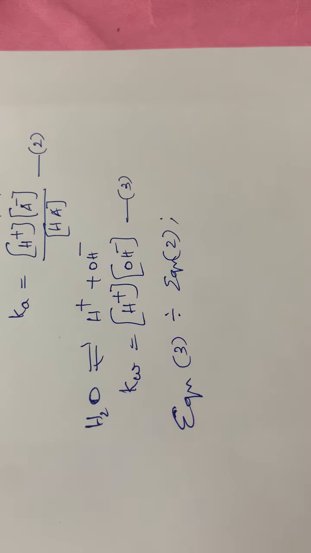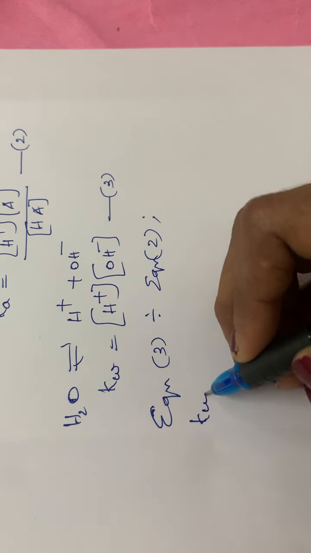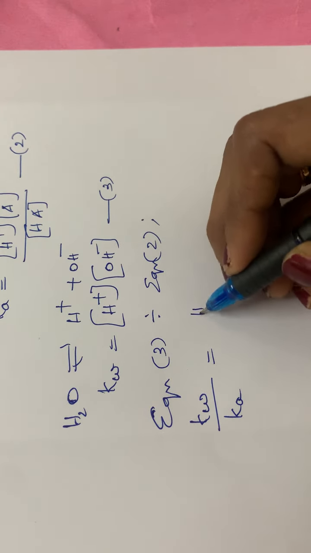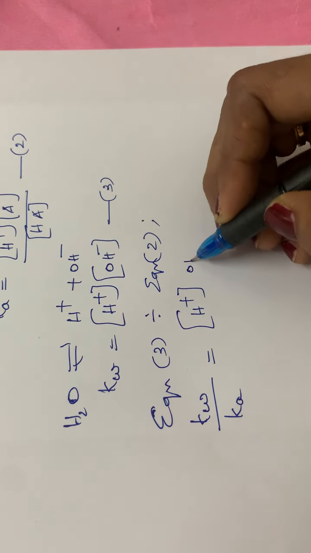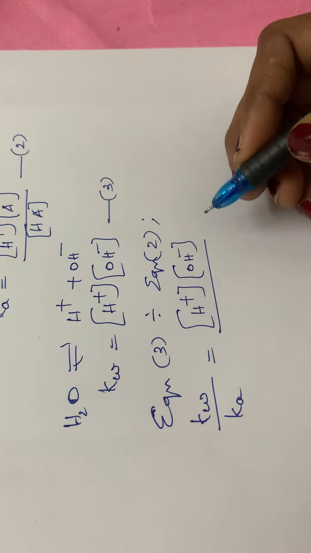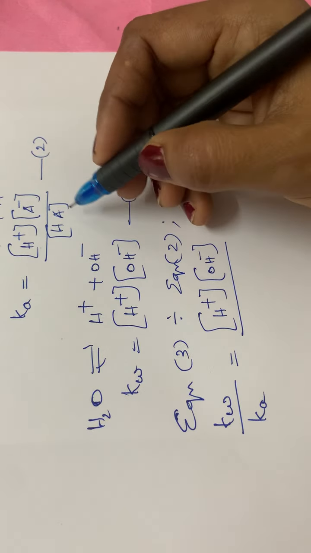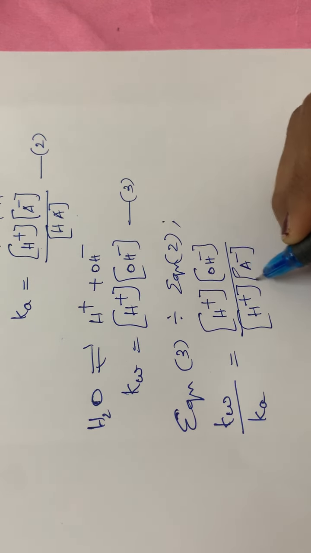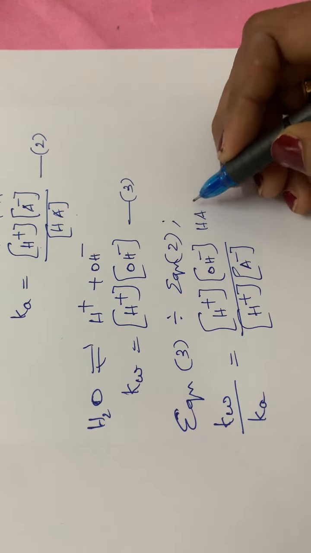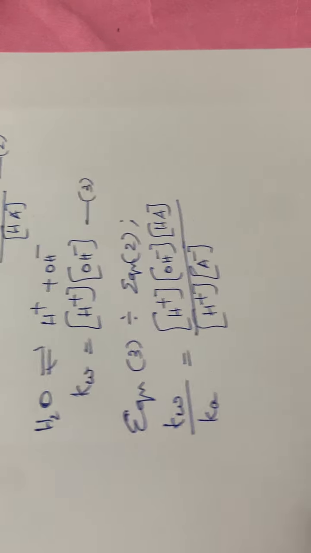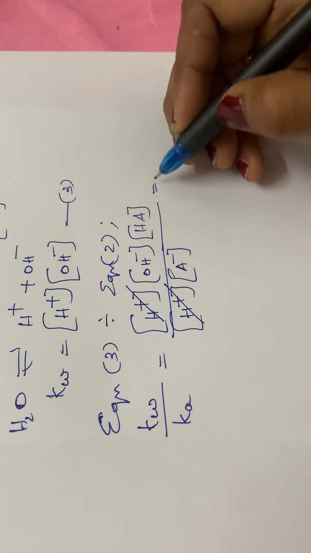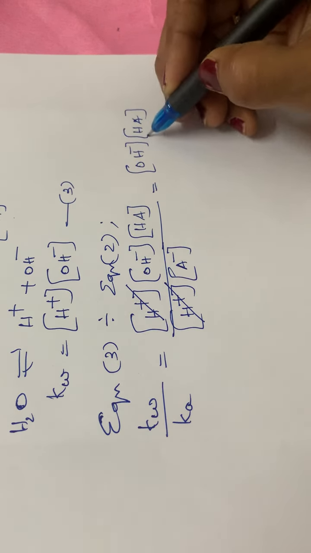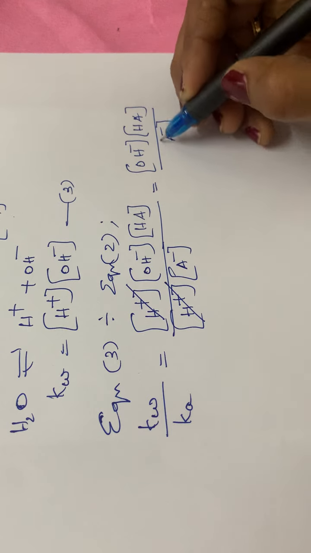That is Kw by Ka, which is H plus into OH minus divided by H plus into A minus divided by HA. That HA goes to the numerator and both H plus are cancelled. So that is equal to OH minus into HA divided by A minus.